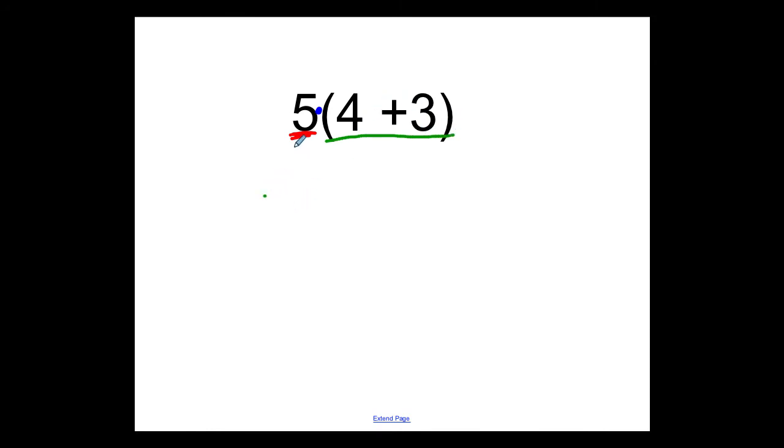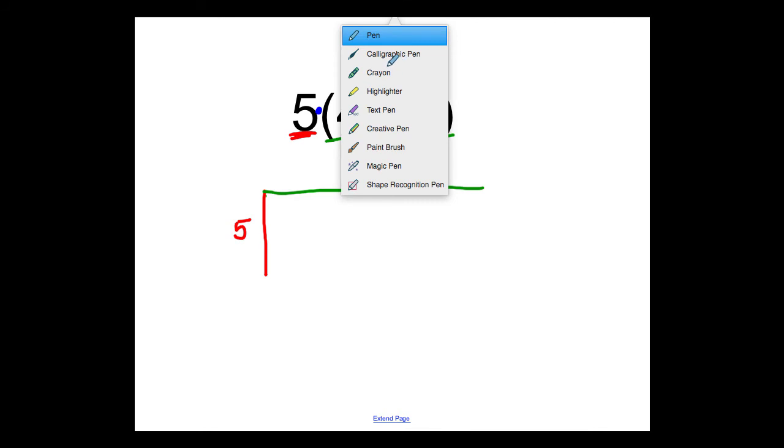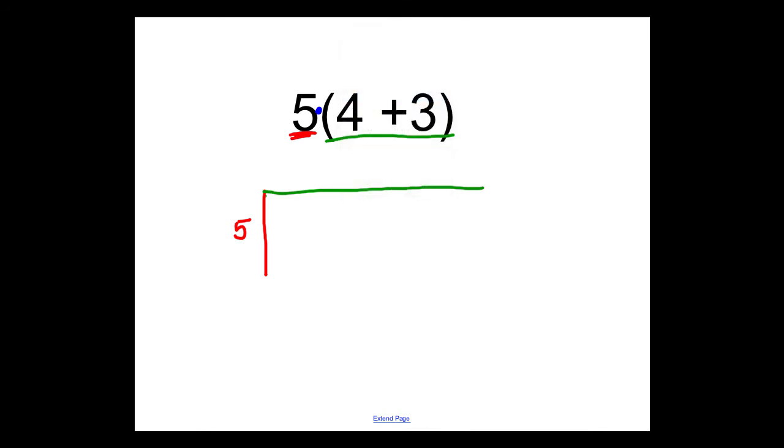So let's draw our vertical length first, and we have a vertical length here of 5 units long. And then we have a horizontal length of 4 plus 3 units. Let's just show different coloring so you can see where these numbers are coming from.